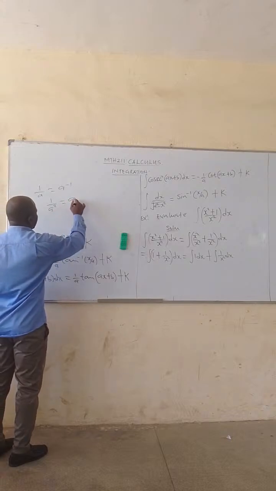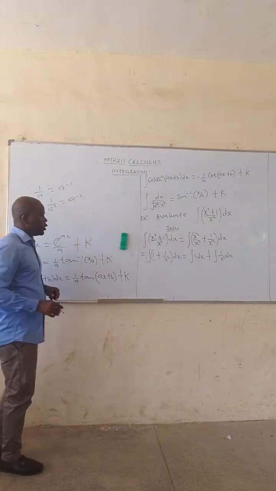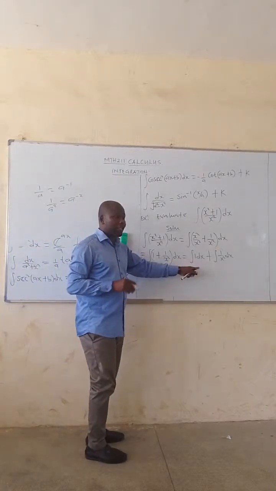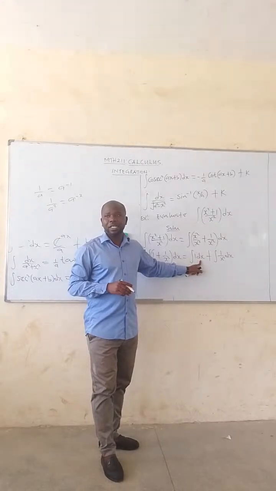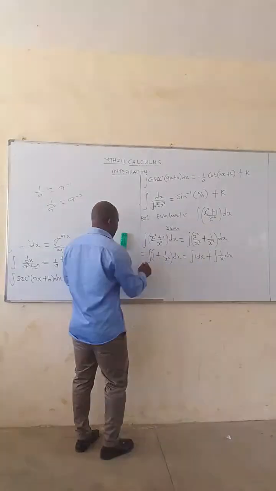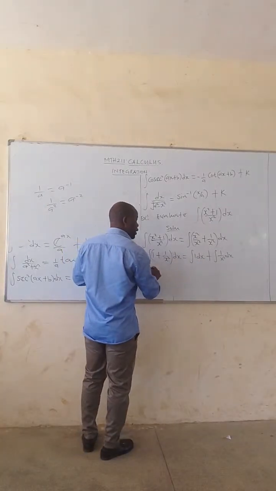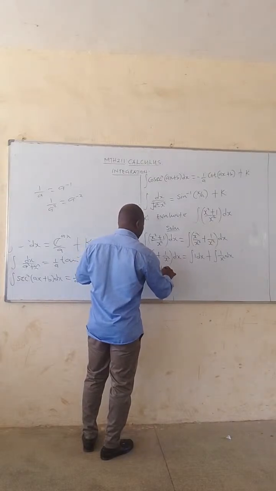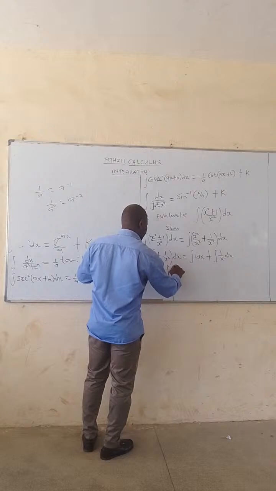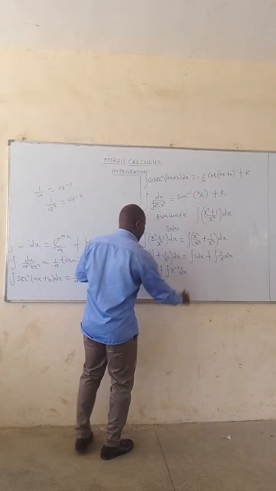This is the same thing as a raised to the power minus 2. Remember that 1 times dx is the same thing as dx. So this is the same thing as integral dx plus integral x raised to the power of minus 2 dx.